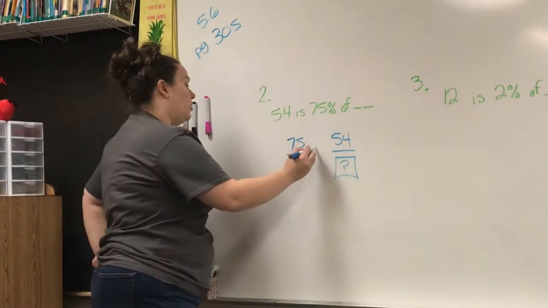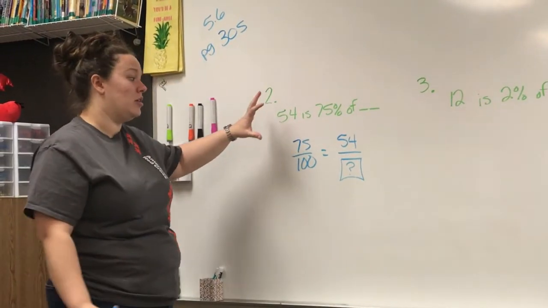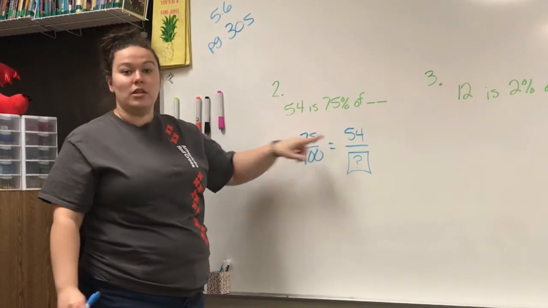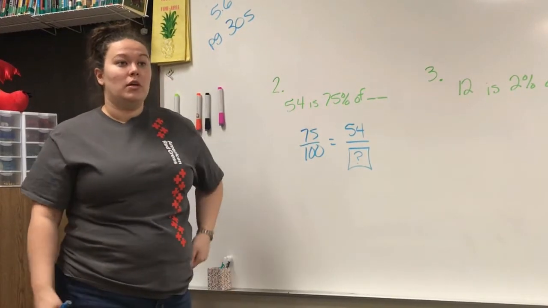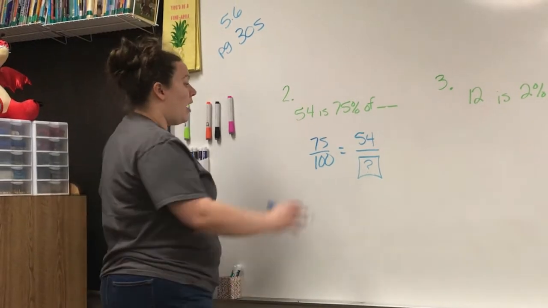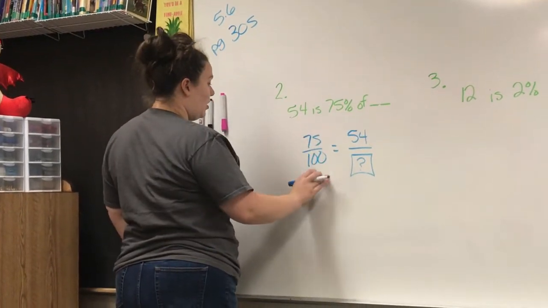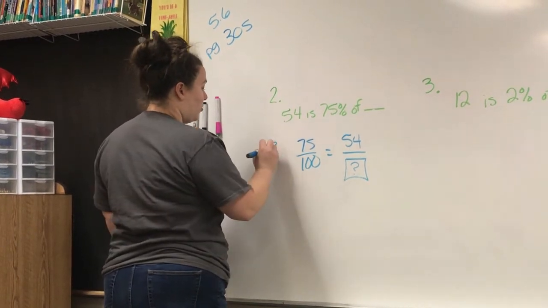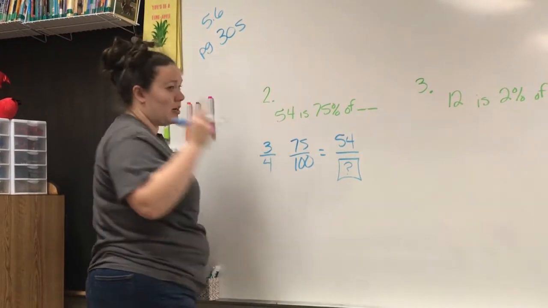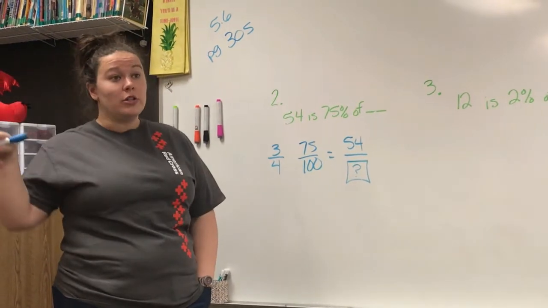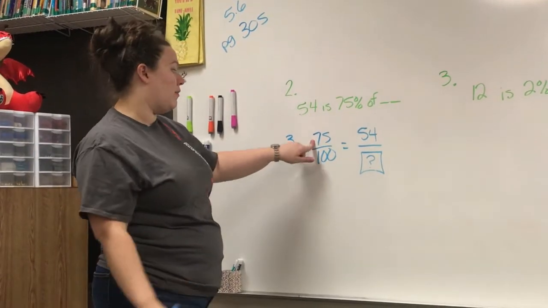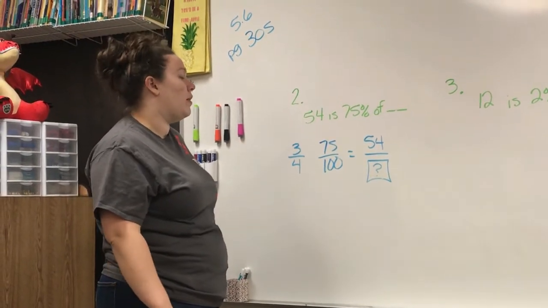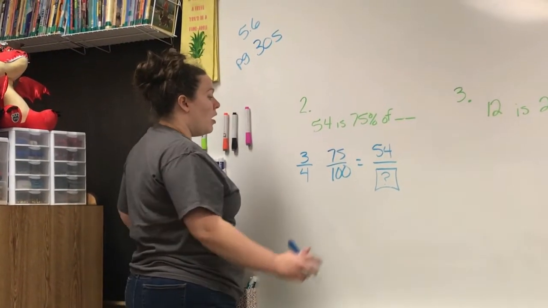And then it's really just reducing this percentage to get along with this number somehow, to become a multiple of it. I know that if I reduce 75 over 100, that can reduce to 3/4. Because I know my money, and I know that quarters, 3/4 equals 75 cents out of $1, and 4/4 make one whole dollar.